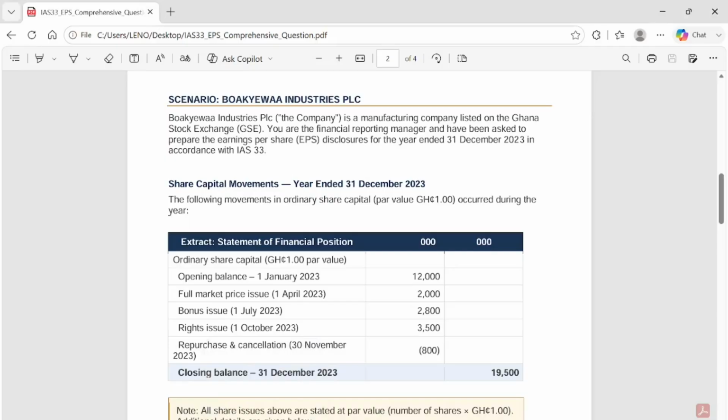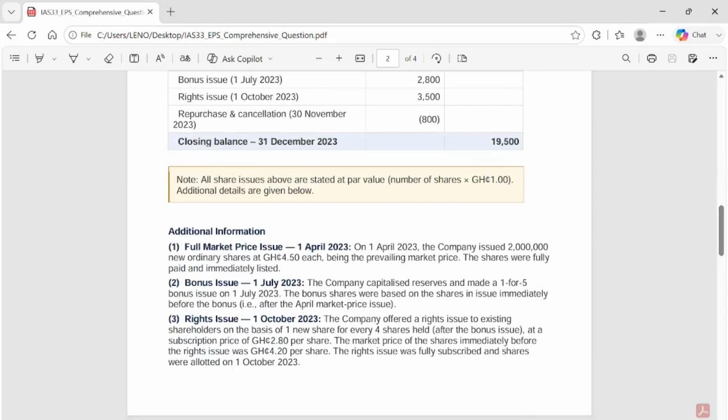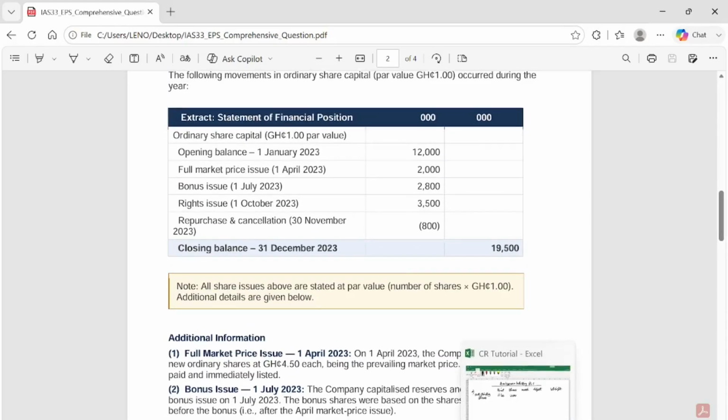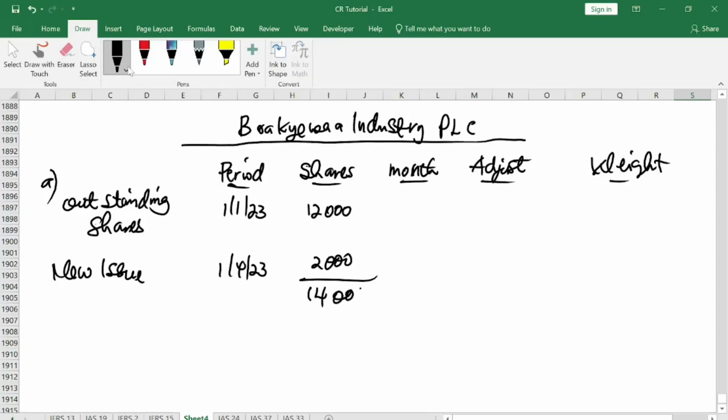Yes, they issued shares at full market price on 1st April. So when we come to additions, it is there. On 1st April 2023, the company issued 2 million new ordinary shares at the price of 450 pesos. That came on 1st April, so that is the new issue, 2 million. You sum it up, and what do you have? 14,000.